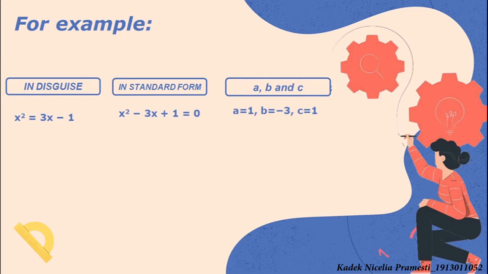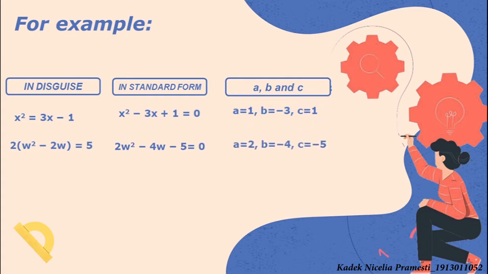Example number 2: 2(w squared minus 2w) equals 5. So expand the brackets and move 5 to the left. So we get 2w squared minus 4w minus 5 equals 0.